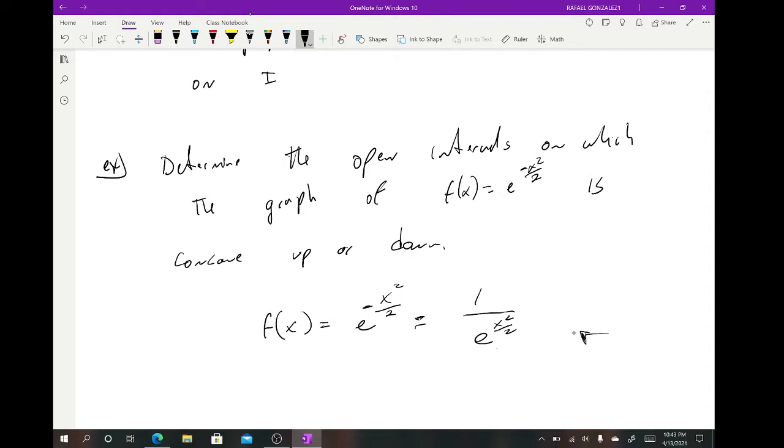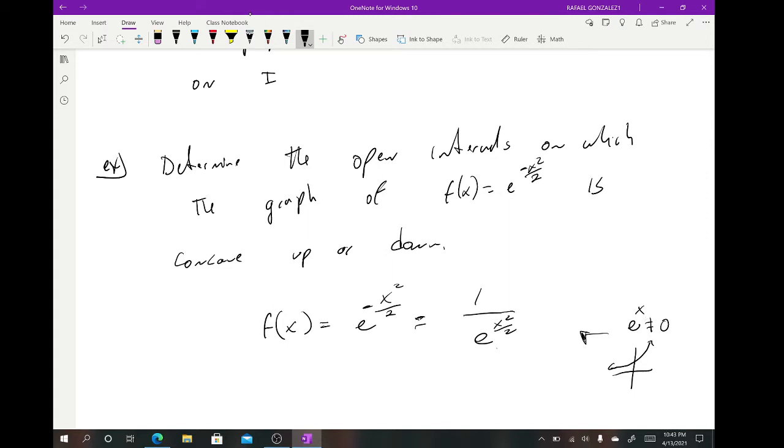But the denominator is actually never equal to 0 because there's no value that you could plug in for x to make e to the x be equal to 0. Think about it. The graph of e to the x looks like this. There's a horizontal asymptote at 0, so we never actually approach or get to be 0 for e to the x.